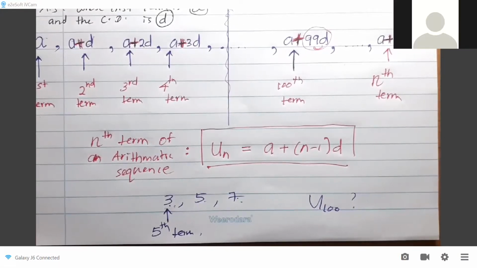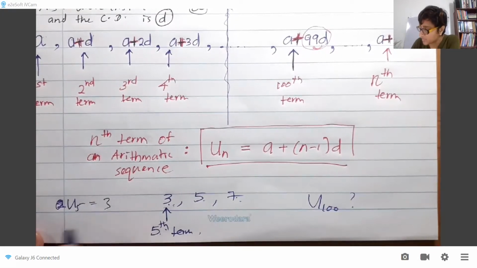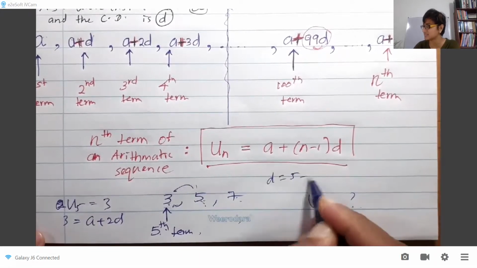Yes, Akitmi. "A plus 4d is equal to 3 and A plus 99d is equal to..." Okay, let me write. So Akitmi is saying, we know the fifth term, U5. U5 is 3. So I can say 3 is equal to A plus 4D. Then I can easily find D. I have adjacent terms. What is D here? D can be quickly found. D is 5 minus 3, D is 2.